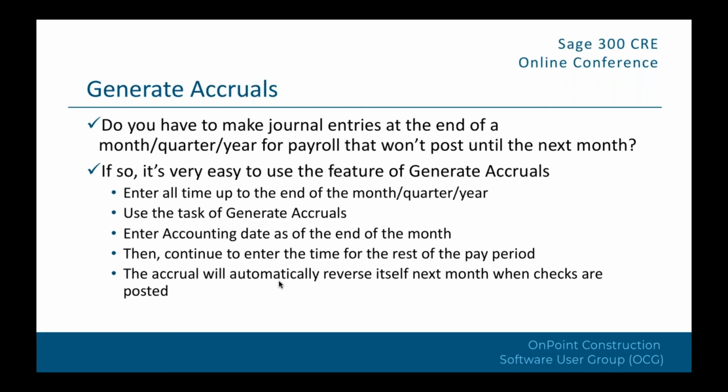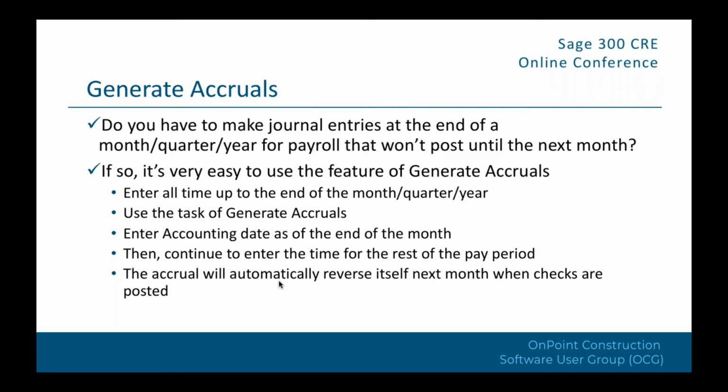And so then that has the accrual done, and then you can continue entering the rest of your time for that pay period. When you post those payroll checks, the accrual will automatically reverse itself when the checks are posted.